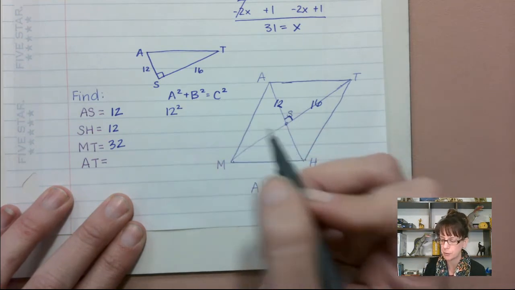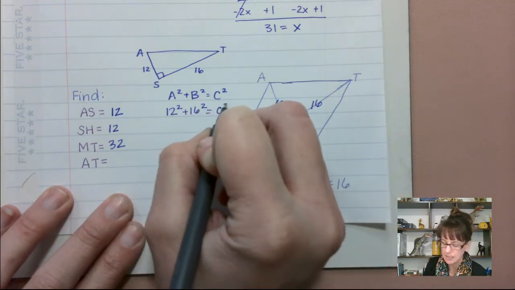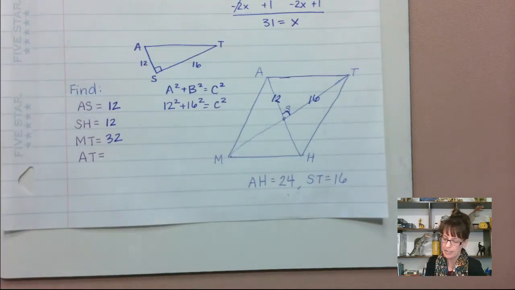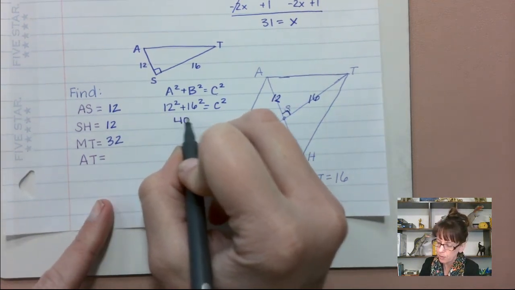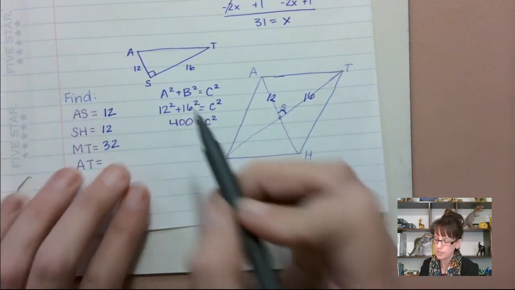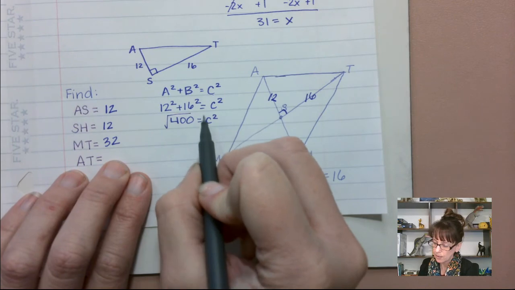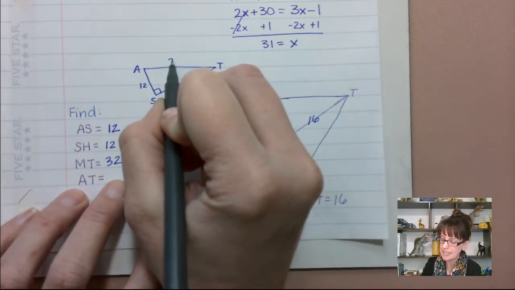So we reserve that for C. So 12 squared plus 16 squared equals C squared. Okay, so when we do 12 squared plus 16 squared, we end up with 400. So 400 equals C squared. If we square root both sides of those, we end up with 20 equals C. So we now know AT is 20.